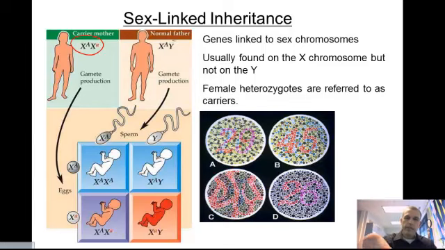And then you can see for a male, you're only going to have one of those because this trait is linked off the X chromosome. These are usually found on the X chromosome, but not on the Y, okay? And female heterozygotes are referred to as a carrier. So if you're a female and you're a heterozygote, you're a carrier. So up here, this female, she's referred to as a carrier because she does not express the recessive trait, but she does have one of the traits that could be passed on to her offspring.